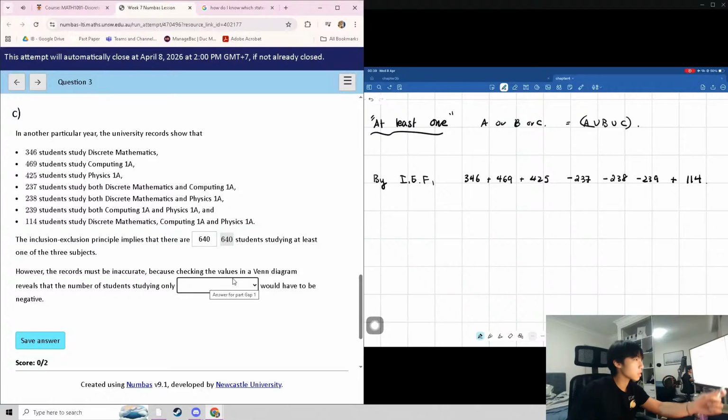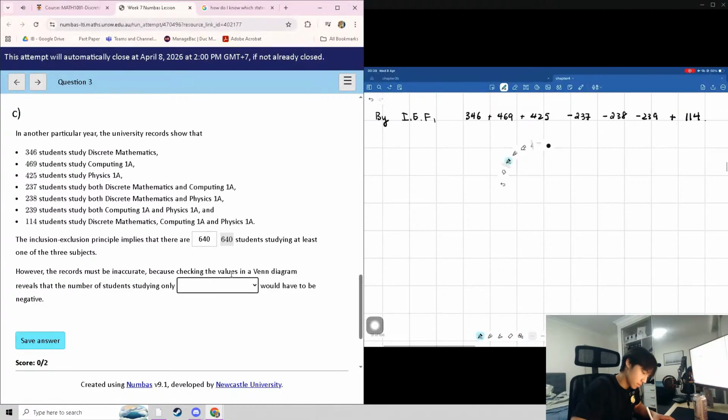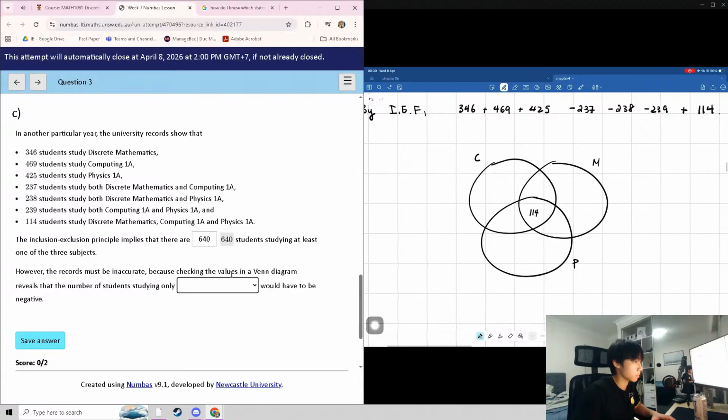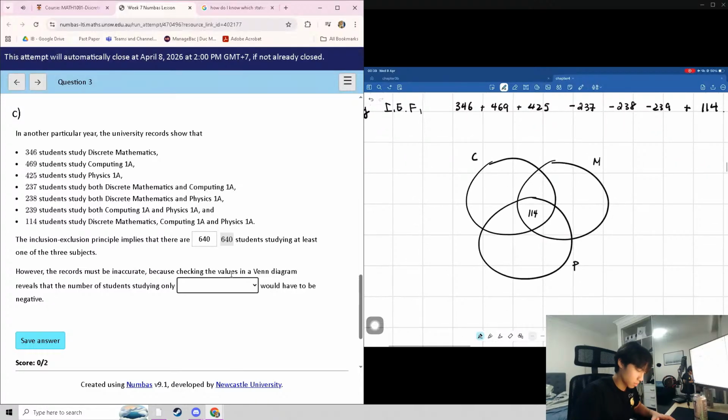You see something here? Or I have to draw it. 239 comp physics. Physics math 238.